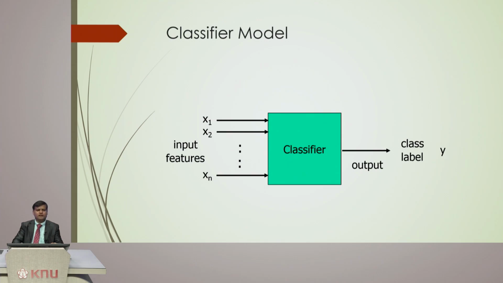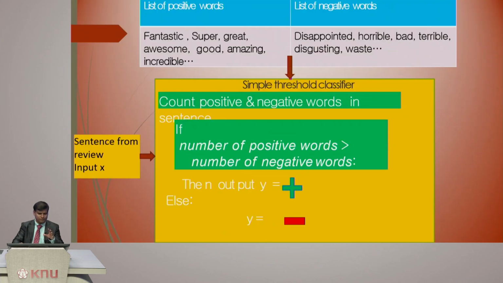So let's look at a simple classifier model for this particular application of movie review. Here is a simple model. We have the sentence from the review as the input X, and this input X is fed into this classifier model, and this simple classifier has a threshold here.